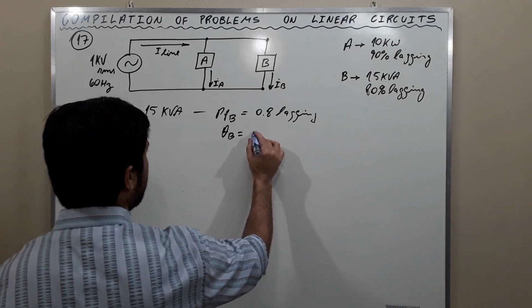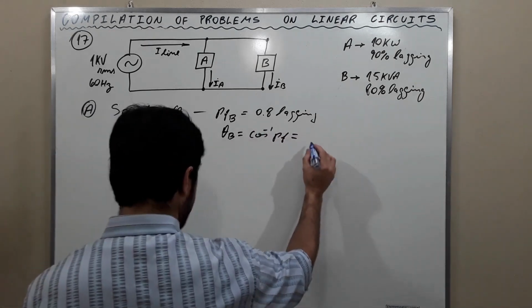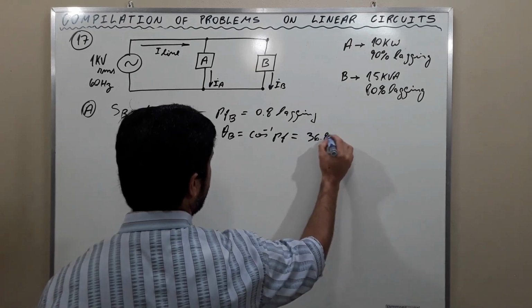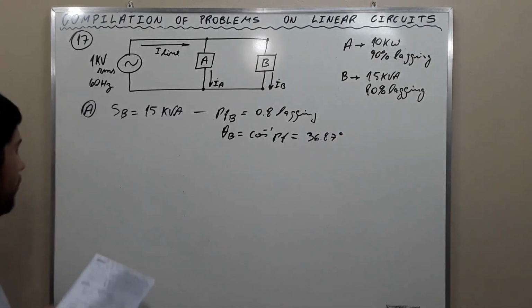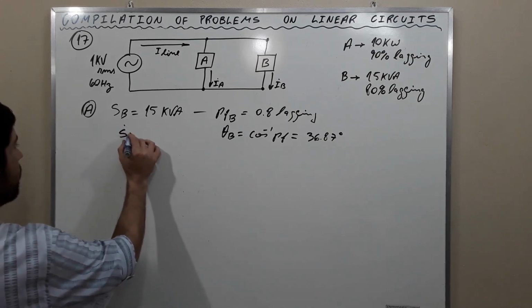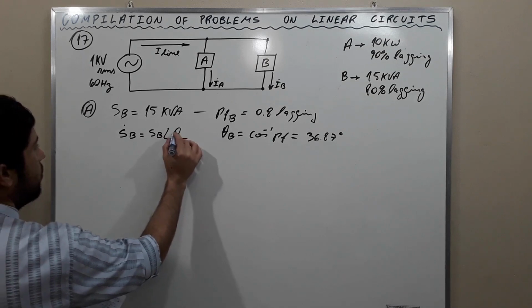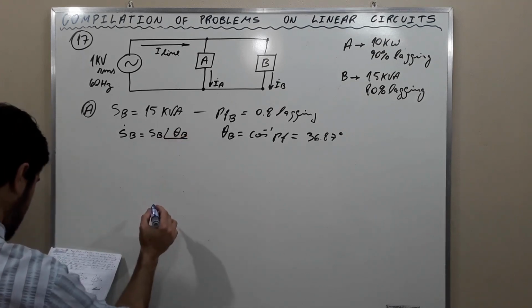The angle is the inverse cosine of the power factor, which is 36.87 degrees.